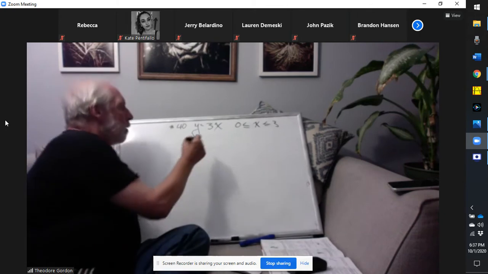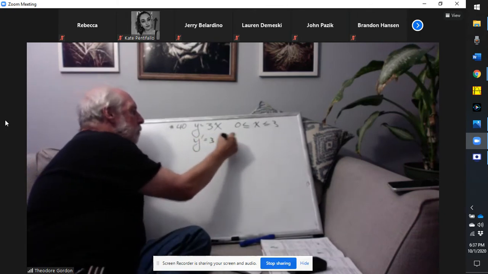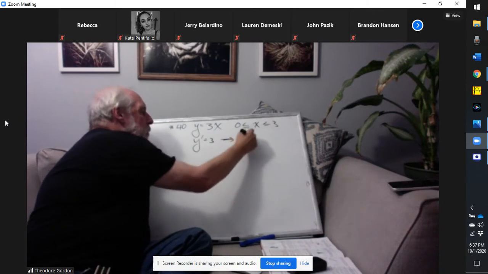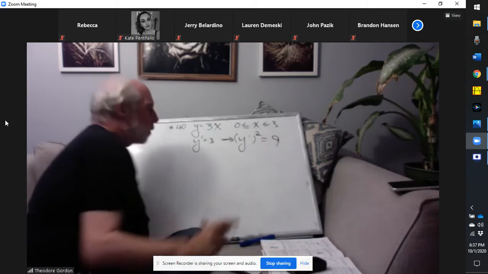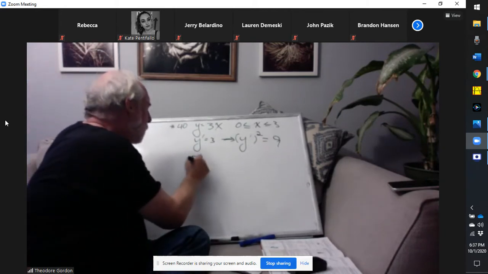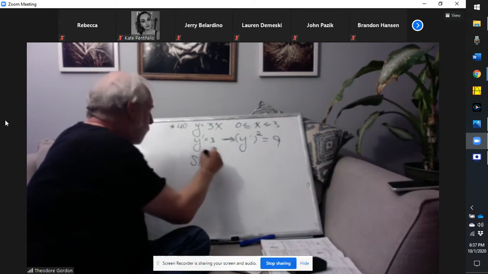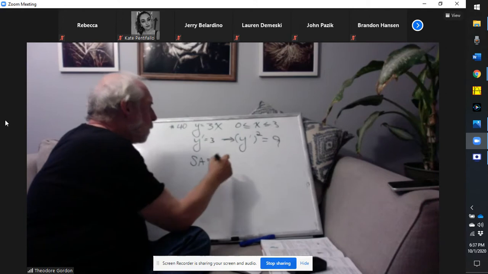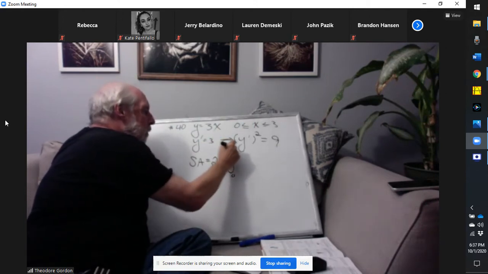So the first step is we do the derivative, and that derivative is 3. The next step is to square the derivative, and that gives us 9. Then we go right to the surface area formula. So the surface area is 2 pi, integrating from 0 to 3 because that's what the problem gave us.